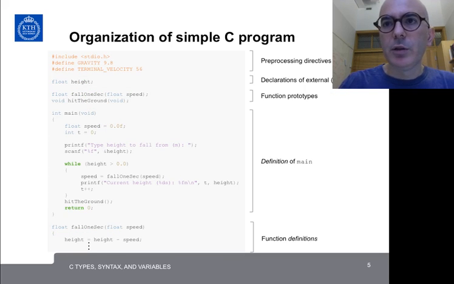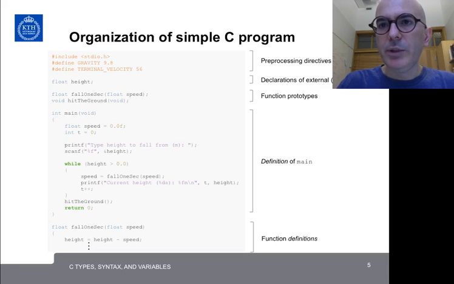A typical C code looks like this. We have first the preprocessor directives that start with the #, #include and #define. We have the main subroutine that all C codes need to have. And also we have the functions that the main function can call.